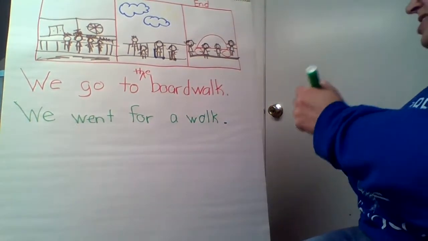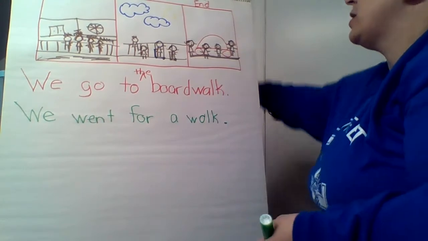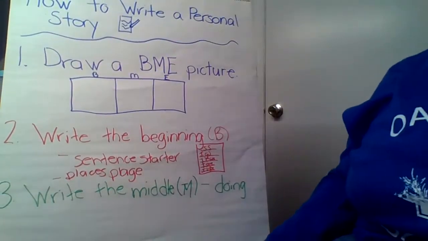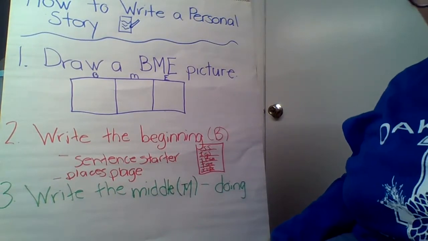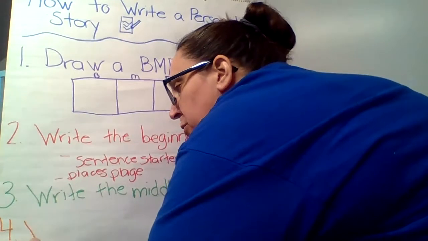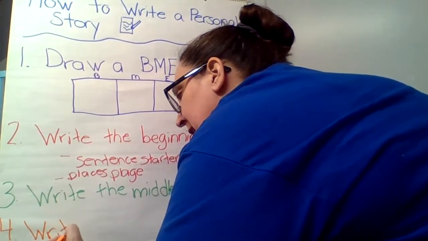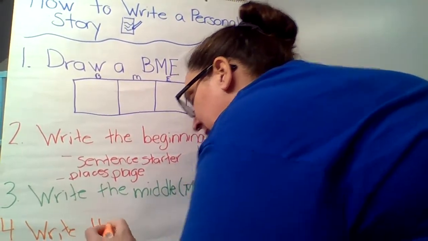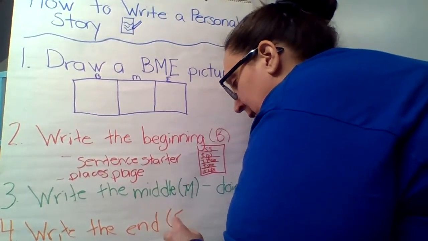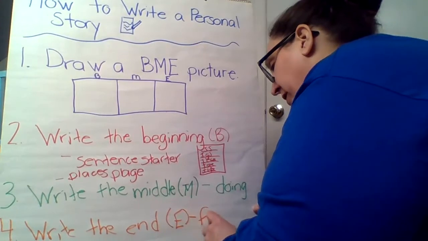Now the end to our story, believe it or not, is how we feel. So when we write our end, we're going to write the end. And the end is our feelings.